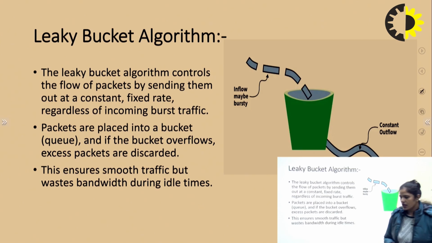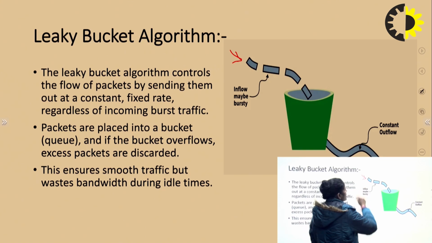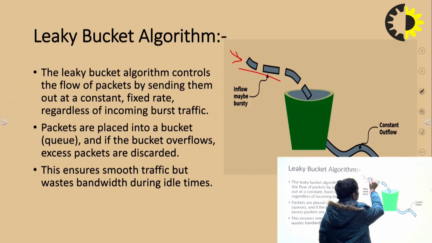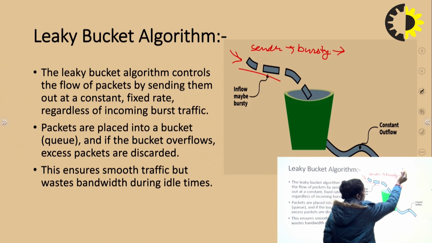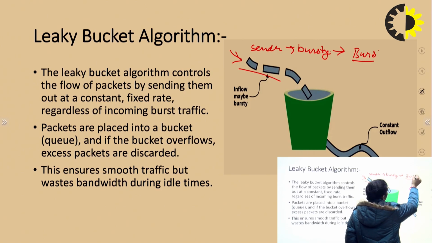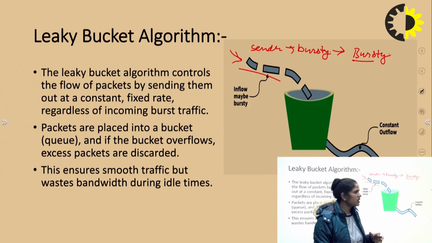Leaky bucket. Here we have some incoming packets that are sent by the senders, right? And these packets are sent by the sender in a bursty form, right? When data flows on the network, it may be in a fixed format, or in a bursty format. Bursty means you have lots of packets and you send them simultaneously, right?